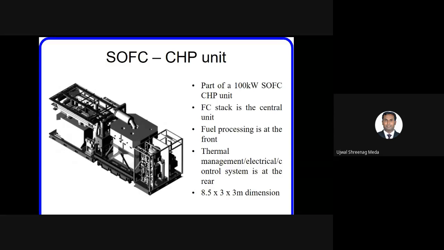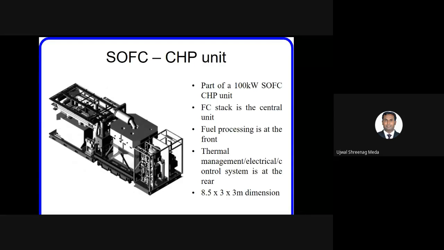And usually when it comes to BOP, the fuel cell stack is the central unit, and depending upon how the fuel is processed, if it is an external reforming of fuel, then an additional reforming unit is necessary. And of course there are many converters involved.